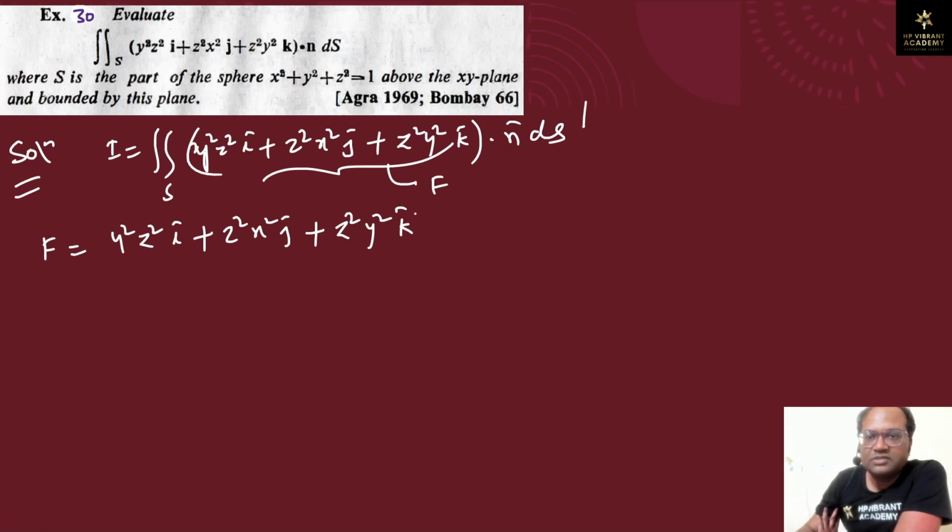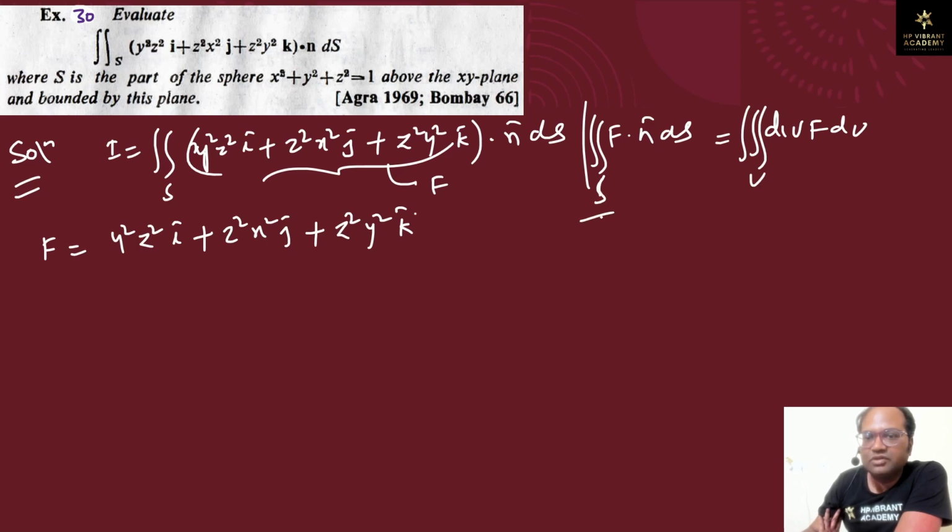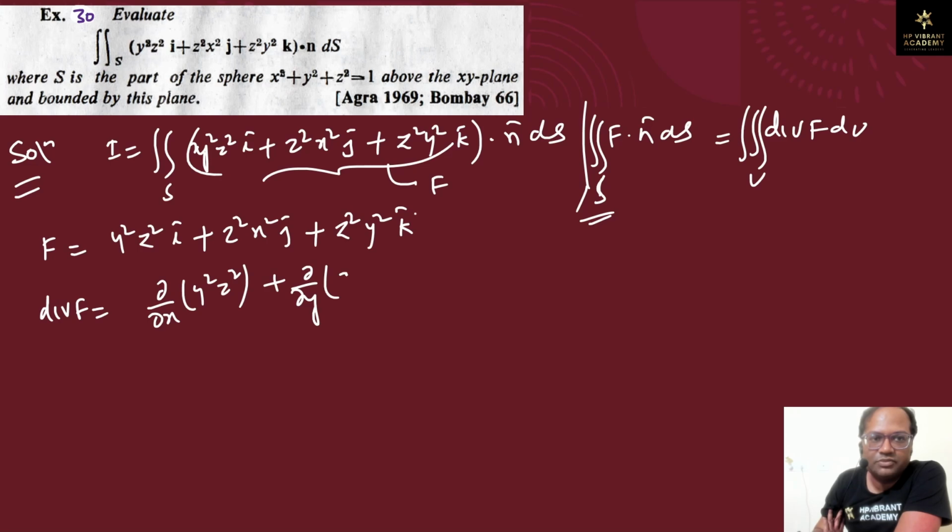So from here we can say that the surface integral of f dot n cap dS is equal to the triple integration of the divergence of f dV. The divergence of f is equal to del upon del x of y square z square plus del upon del y of z square x square plus del upon del z of z square y square.